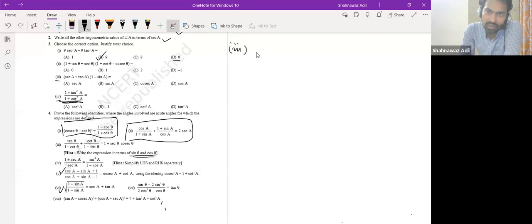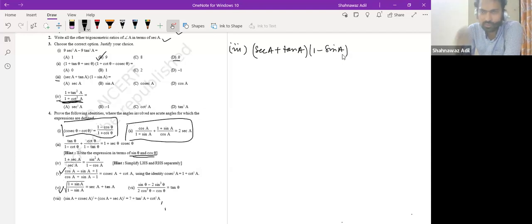So this is sec A plus tan A, and then this is 1 minus sin A. If we don't know what to do, we just simplify this by putting it in the form of sine and cos.